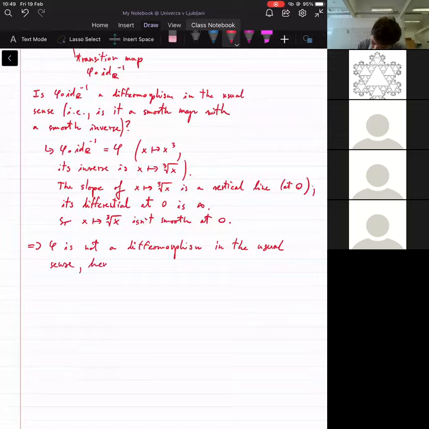And hence, the two smooth atlases aren't compatible.